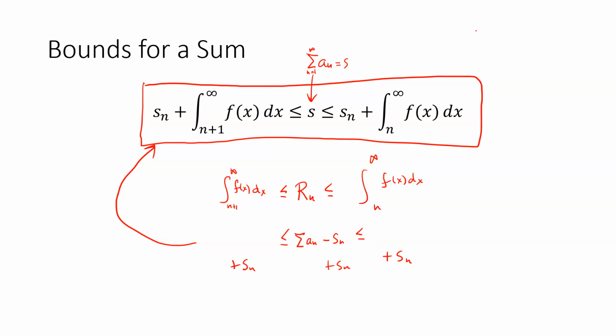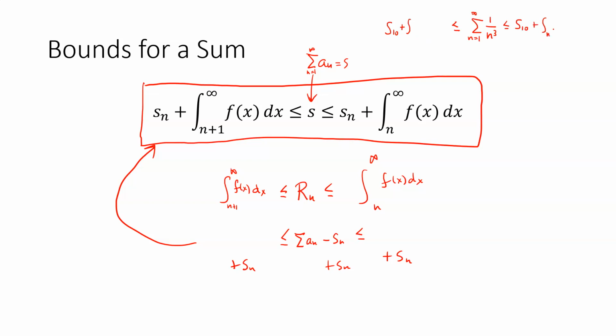So for instance, in the previous example, we were looking at the series 1 over n cubed. So what would be the upper and lower bounds for this series? Well, we computed S10. And we also computed the integrals that would give us the error bound.